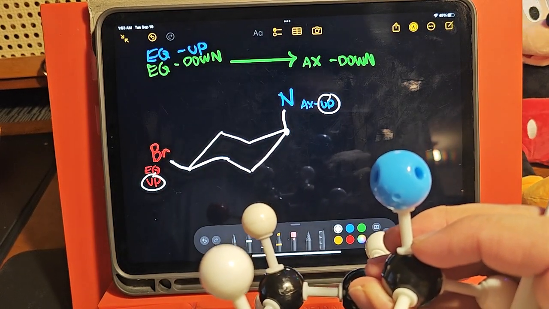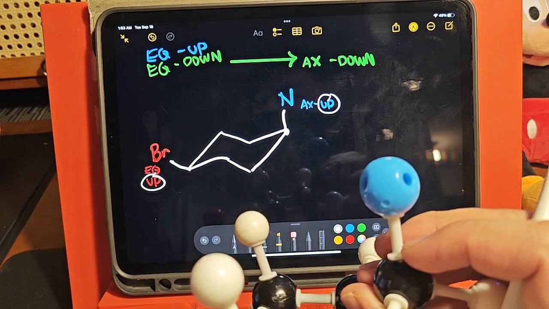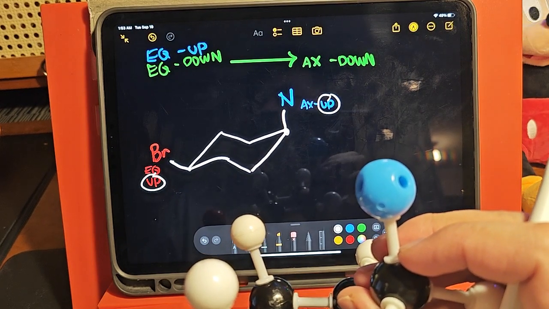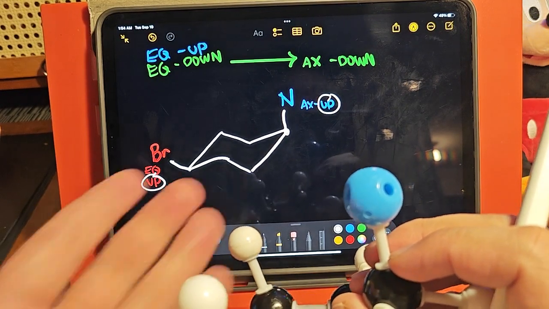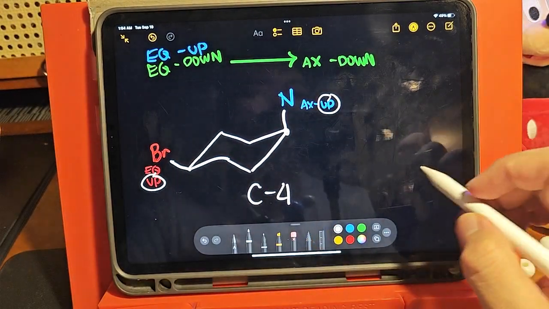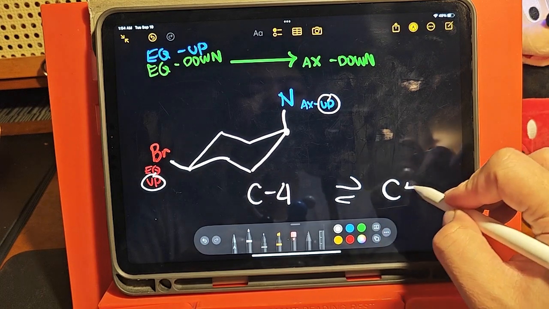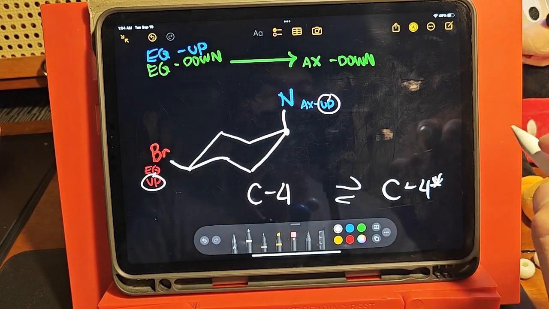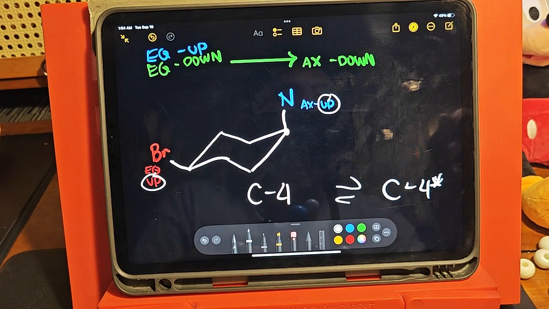But the more important question really is that which among the two chair flip forms, C4, this one here, or its chair flipped C4 star? Recalling our previous lecture or idea that I just brought up actually, that having large components in an axial position is very destabilizing, making a molecule less stable, making it a higher energy molecule.